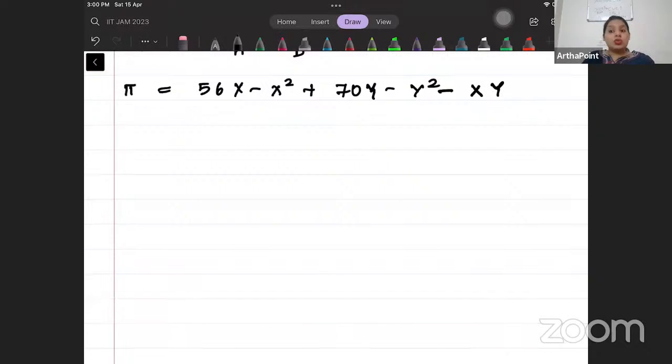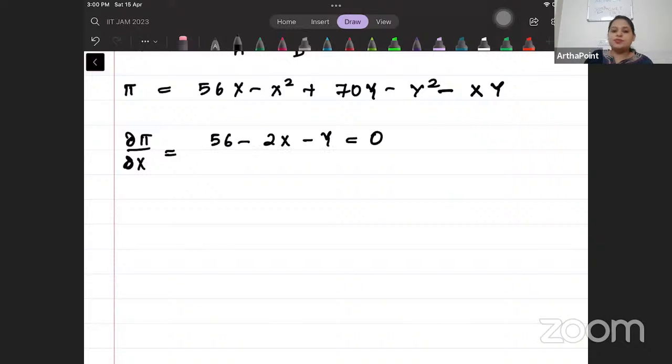So two things I have to now ask. I'm just a single firm. I have to ask how many planes should I fly, and how many houses should I develop? So del pi by del x will be 56 minus 2x minus y equal to 0.